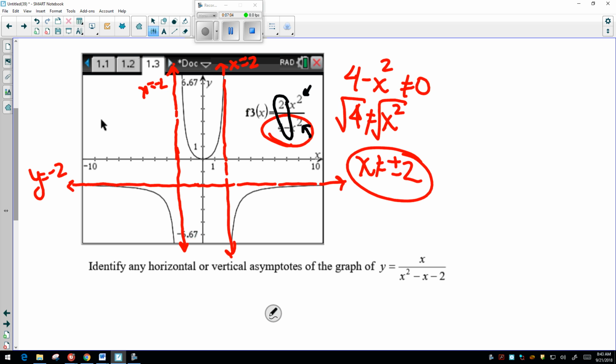For instance, over here I have some function where I have, we'll call it m to the a divided by n to the b.